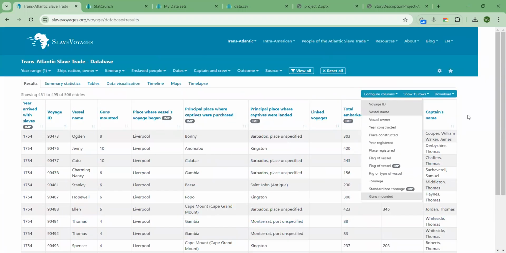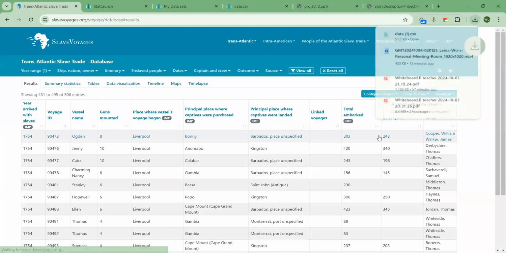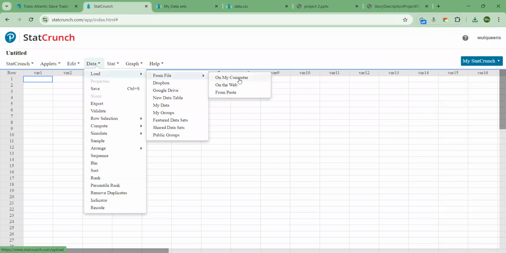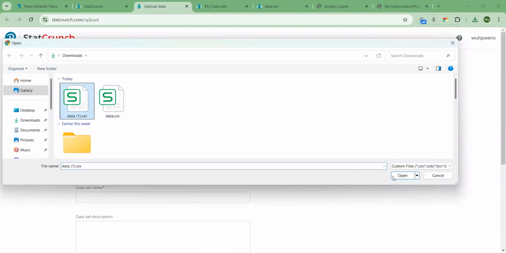All righty, and I have to re-download that data set. So filtered results with the visible columns, if that's what you want to have, right? Guns and total embarked. And this time I can reopen this data set as a new one I just downloaded.